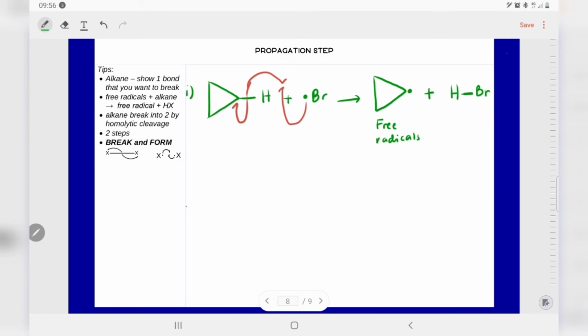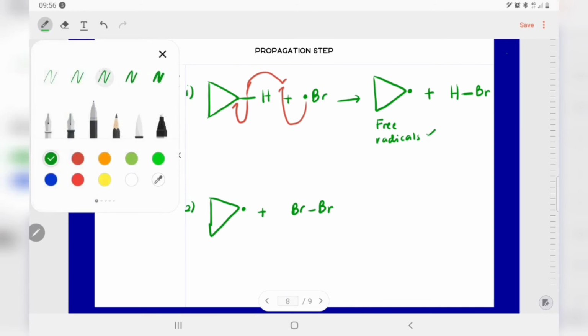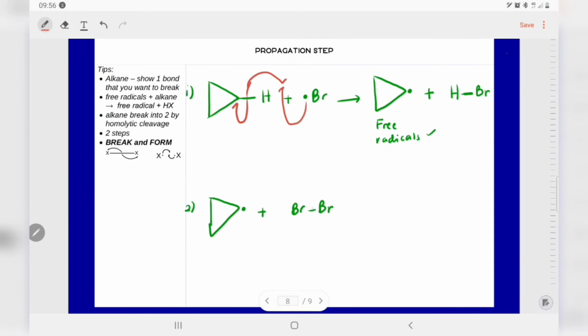The second step of propagation, we take this free radical at the second step. This free radical will initiate homolytic cleavage between Br and Br. So what will happen? 1 electron moves to the Br at the right, and 1 electron will move to the Br at the left. But Br at the left will bring its electron, and the two free radicals form another bond.